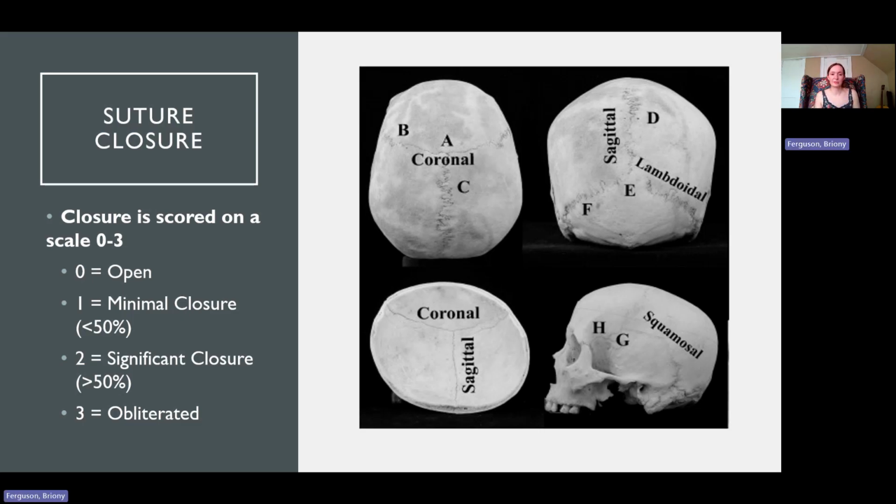So don't assume that just because you're looking at the sagittal or the coronal suture, the entire thing is going to be the same scale score.